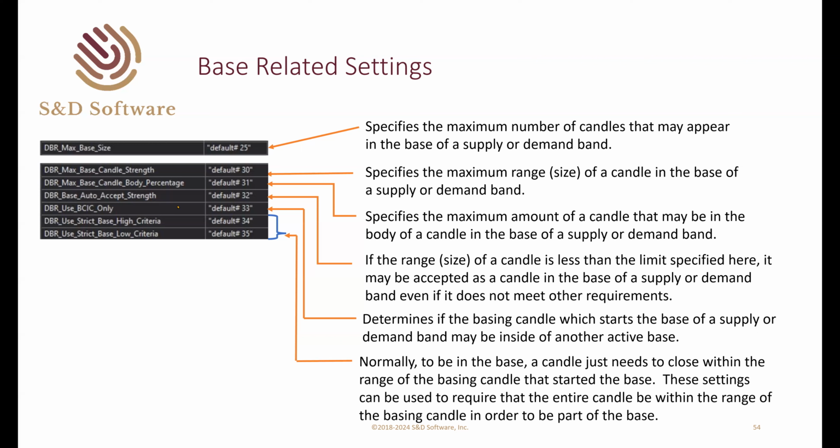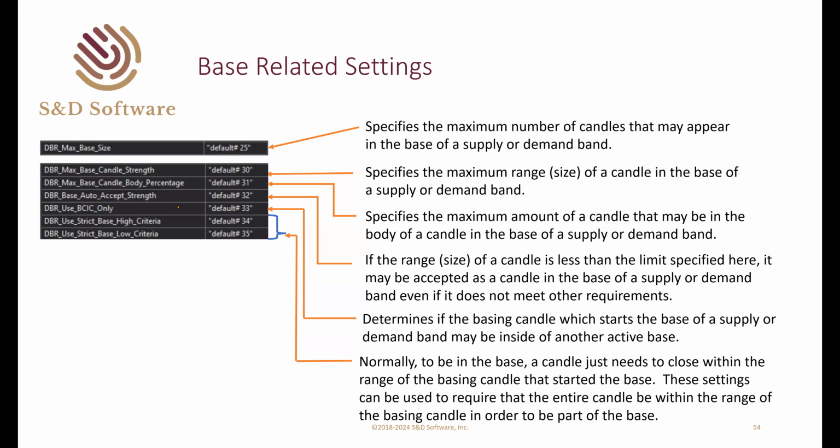If you want to change that behavior, at least for the drop base rally here, again, you can do this on a pattern by pattern basis, you can set this setting to true. And then the tool will not use nested basing candles.